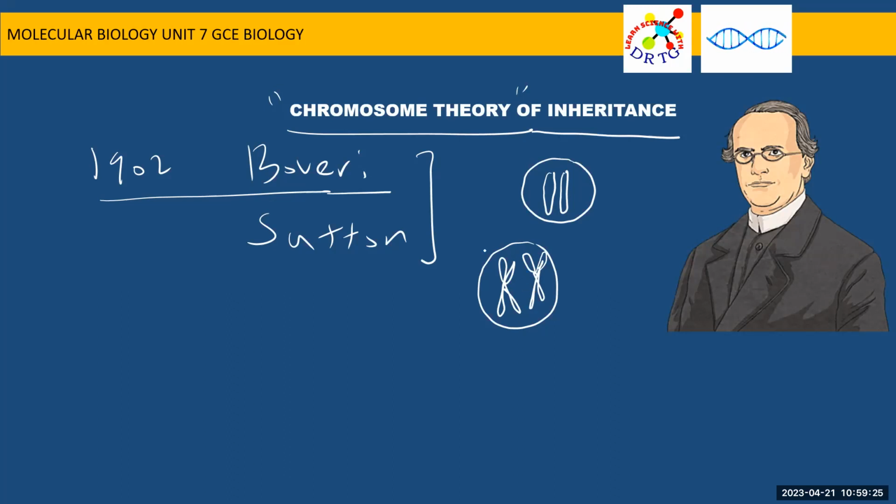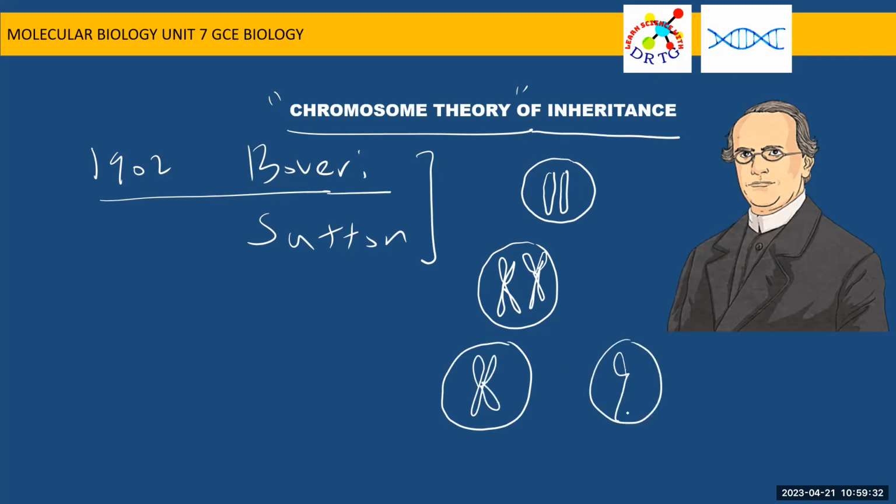And then after that, in meiosis 1, they separate. Then meiosis 2 forms the gametes again, with half the number of chromosomes.